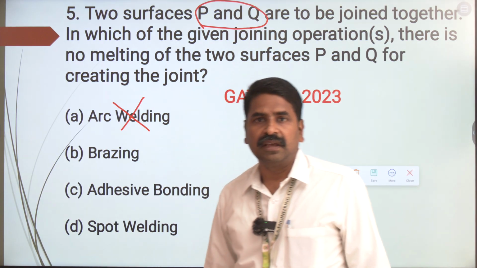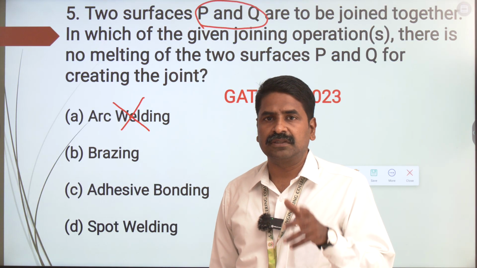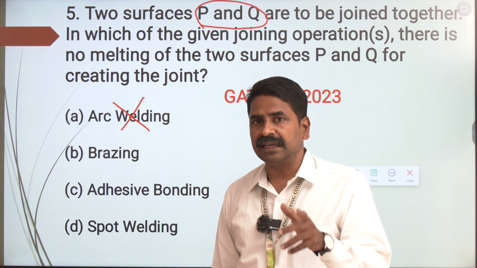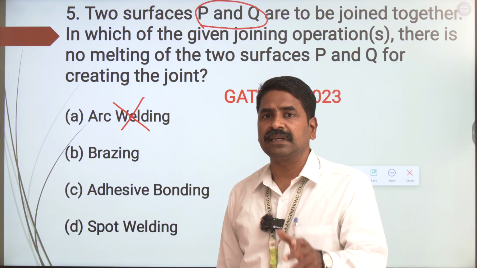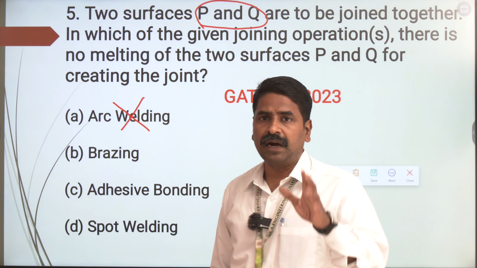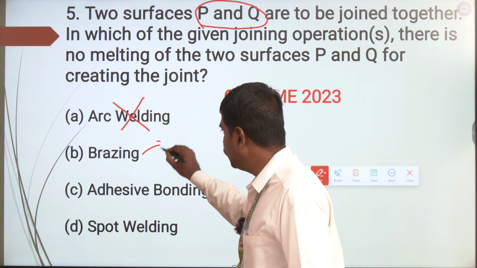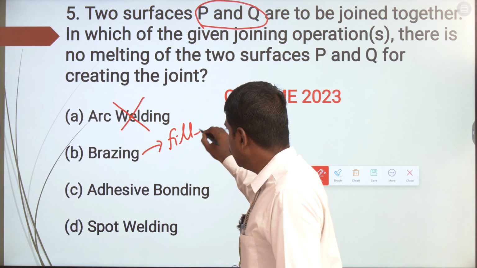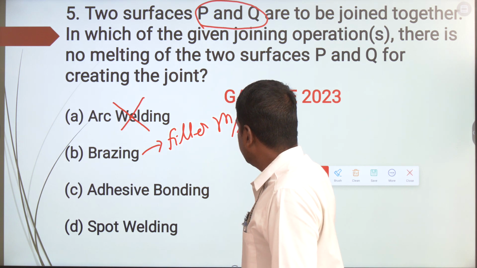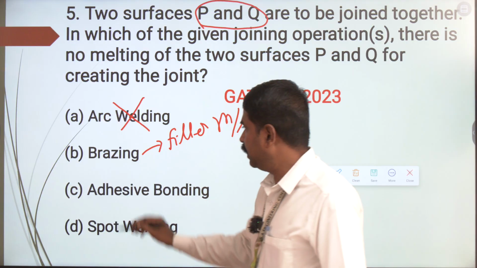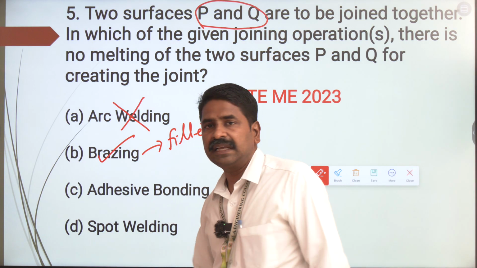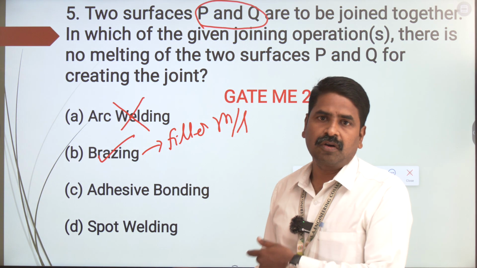Then comes brazing. As I already told you, brazing is the third type of joining technique, in which melting of the base metal will not take place. Here you use a filler material, or a filler rod, but melting of the metal will not take place. So this is going to be a correct answer. But anyway, you are going to have two options.